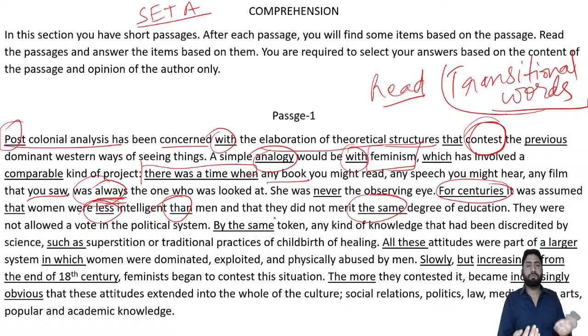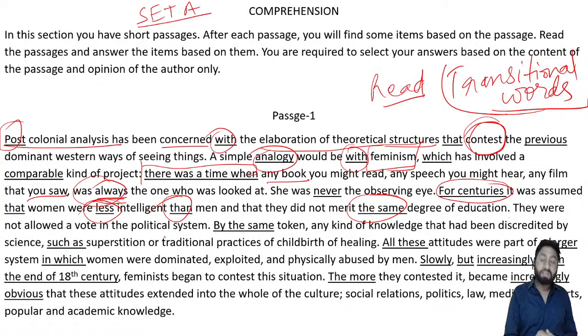That's what the belief was at the earlier time. They were not allowed a vote in the political system, as you must be aware, right? The women, even in the so-called developed world, so-called developed countries and so-called civilized countries, got the voting rights pretty late, right? And that too after a long struggle. वही सब refer कर रहे हैं यहाँ पे.